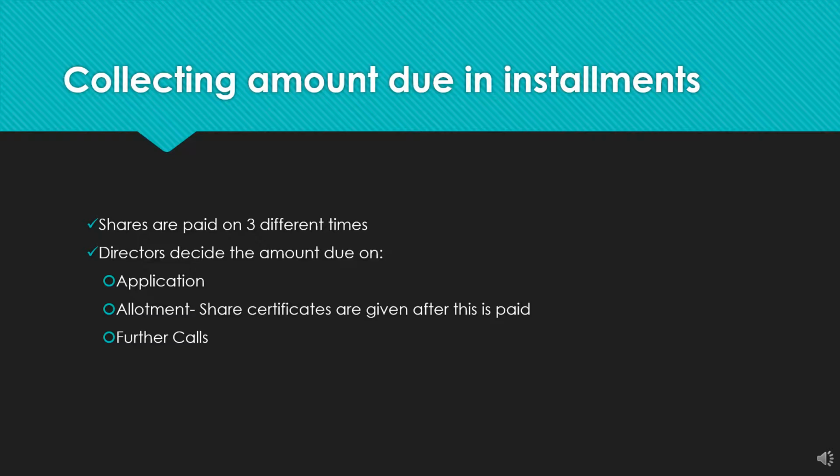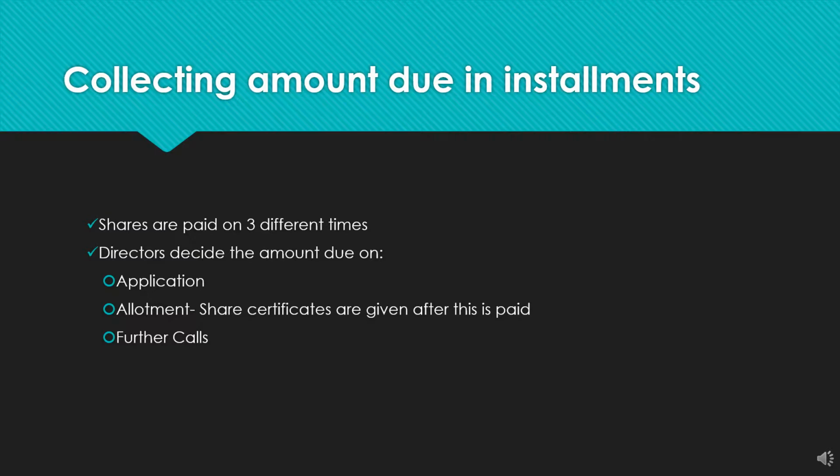Second is when the company sends out letters informing them that their application was successful, and requests additional payment. Now the third one is when the directors call and tell the shareholders how much they still owe. So that is for collecting the amount due in installments.